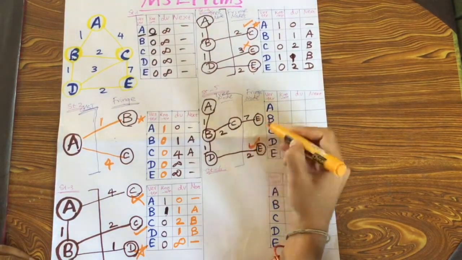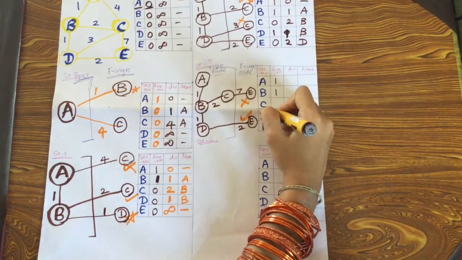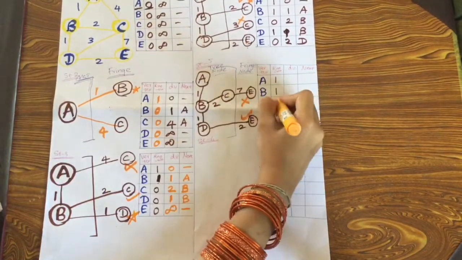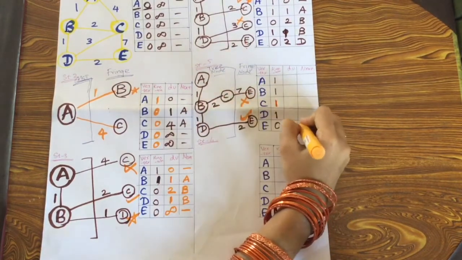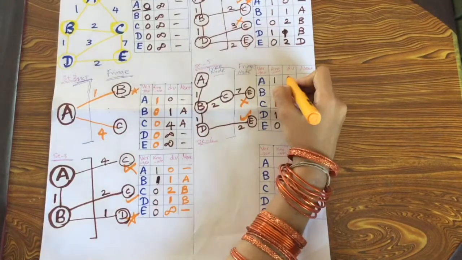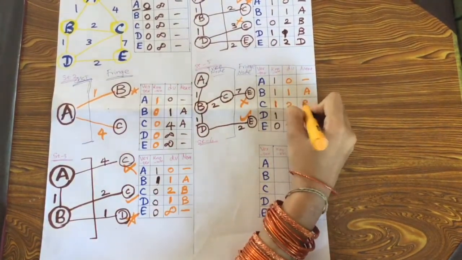So compare: the old value is minimal, the new value is rejected. In this step I am visiting C, so I am marking the known value as 1. For E via D only you are having, no changes will be there. So from the previous step I am copying all the values.